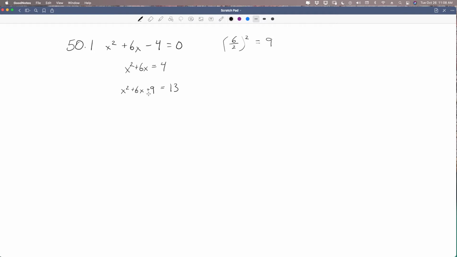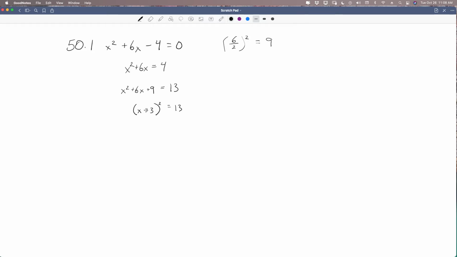So now we can unsquare this, or we can factor this. And we know it's a perfect square because we did it on purpose. We know that this is going to be x plus 3 because x times x is x squared. x times 3 would be 3x, and x times 3 would be 6x. This is squared as 13.